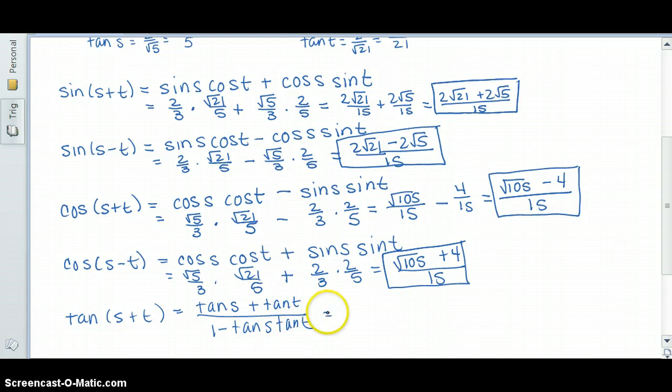So substituting in, we have 2 root 5 over 5 for the tangent of s, plus the tangent of t is 2 root 21 over 21. And we are going to be dividing by 1 minus 2 root 5 over 5 times 2 root 21 over 21.